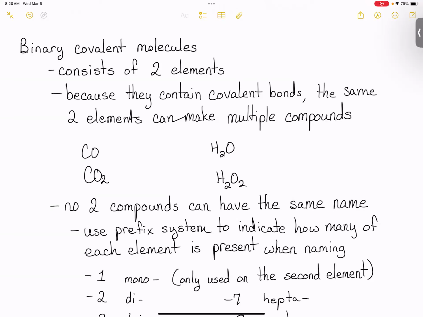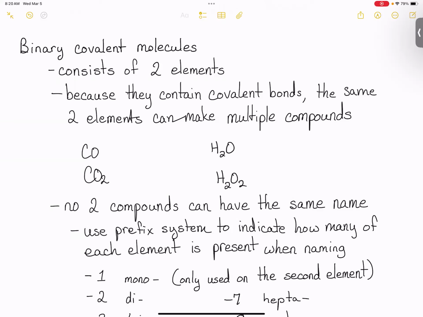Now, I want to warn you, and you may want to make a note of this. Star it. I don't know how you want to do it. The prefix system will only be used in alkanes and binary covalent molecules.